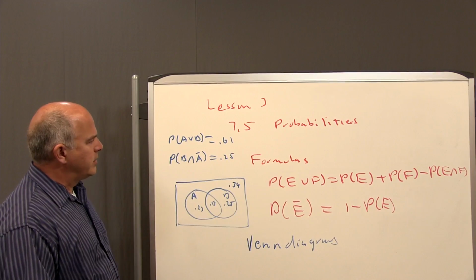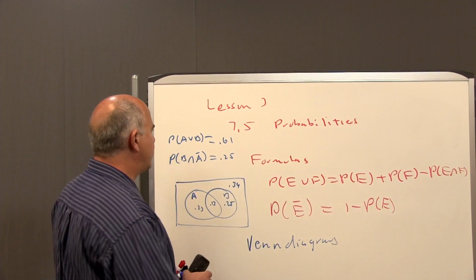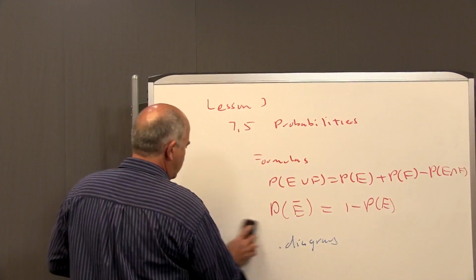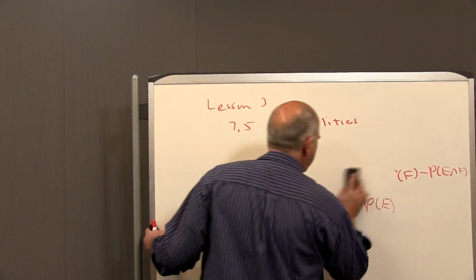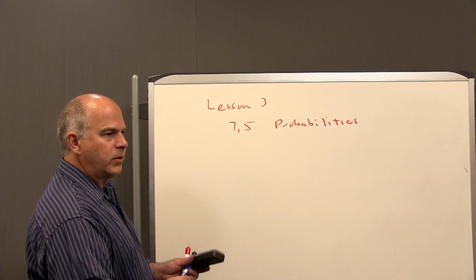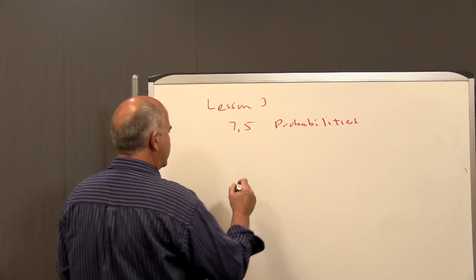So there's that. And the last thing we did in 7.5, which once again should be easy points, but often is not because people don't bother reviewing it, is odds.